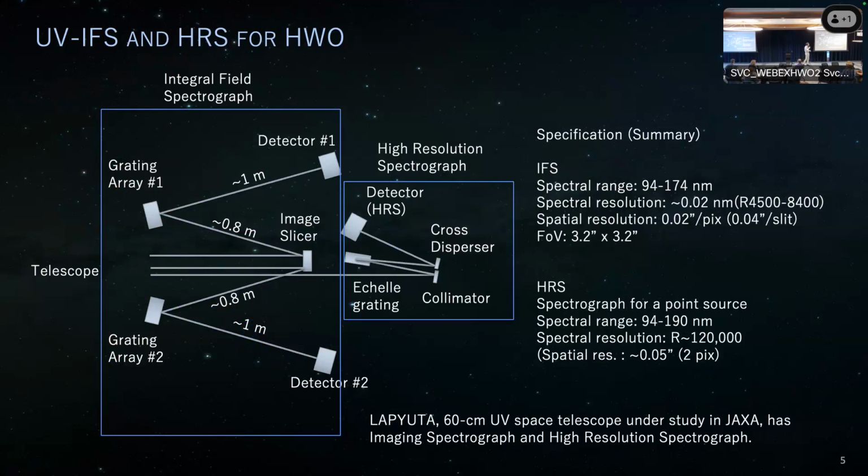And for the HRS, we can cover the FUV range with a spectral resolution of 120,000. This concept is very similar to the mission instrument for the LAPYUTA mission in JAXA, because it also has an imaging spectrograph and a high resolution spectrograph.